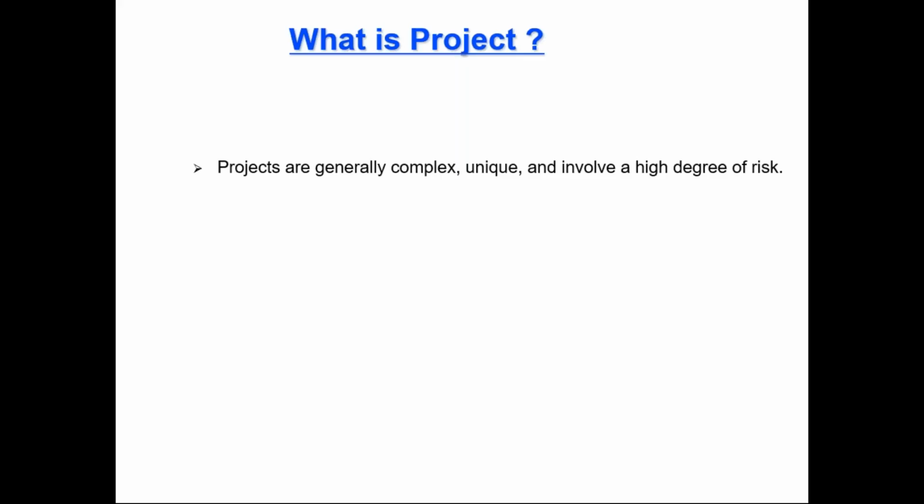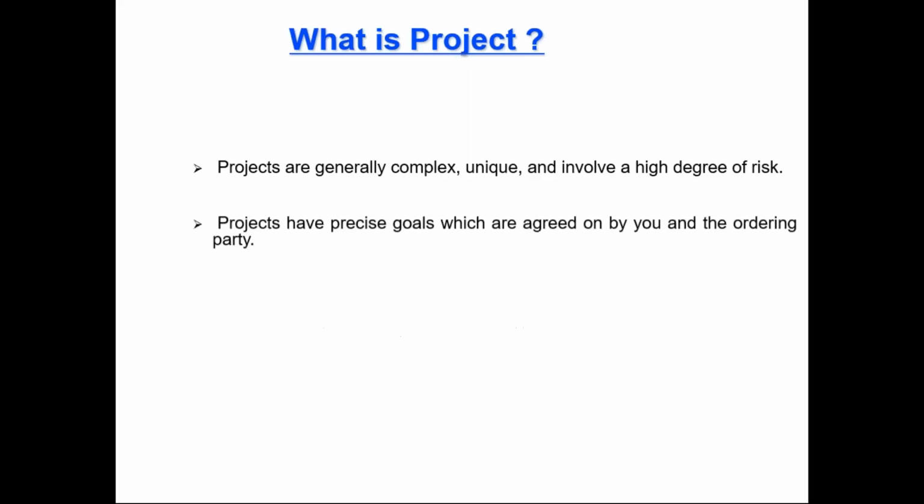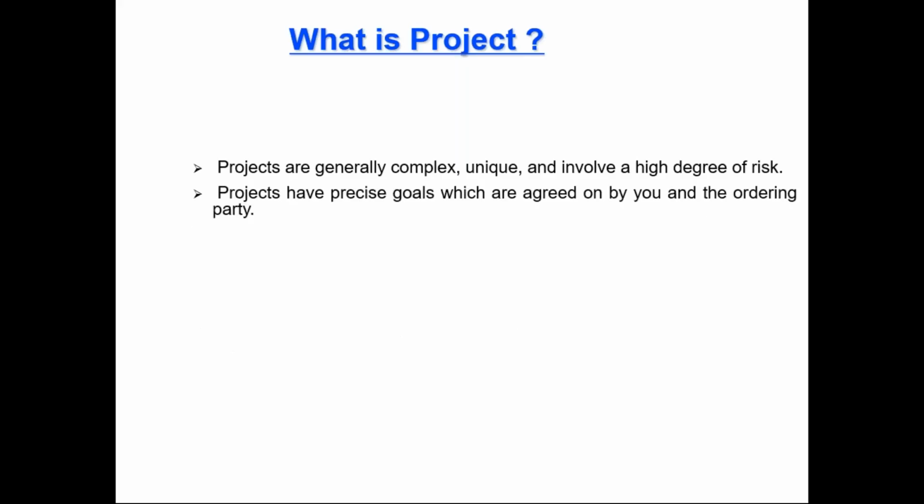First of all, a project is generally complex, unique, and involves a high degree of risk. So any task which is complex, unique, and involves a high degree of risk can be a project. Apart from that, projects have precise goals. It should be clearly mentioned that this is the goal of the project, and it should be agreed on by you and the ordering party.